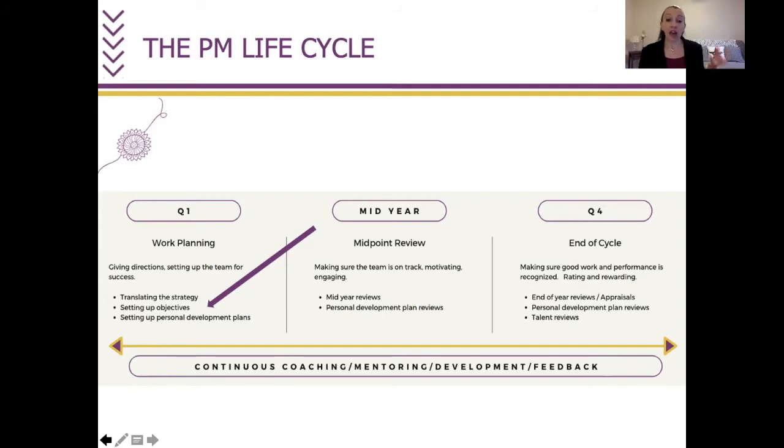The first hat is your hat as an individual working for an organization. So think about your objectives in terms of your personal objectives. You know, what am I going to contribute? What am I going to be doing this year? And then the second hat is your hat as a manager, thinking about every single team member that you have, what needs to happen for every single one of them.